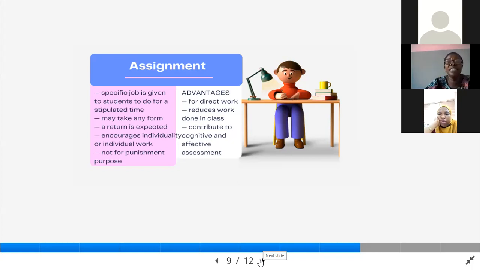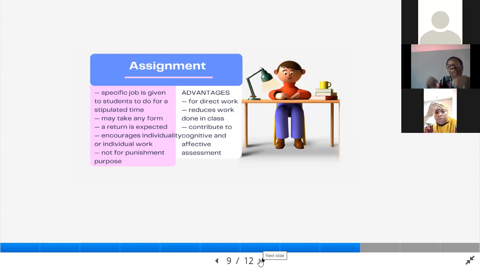Okay, we have also said that it works on the affective nature and cognitive nature of the student. Remember that cognitive assessment is what you want the children to think out, work on their brain, cognitively, academically.